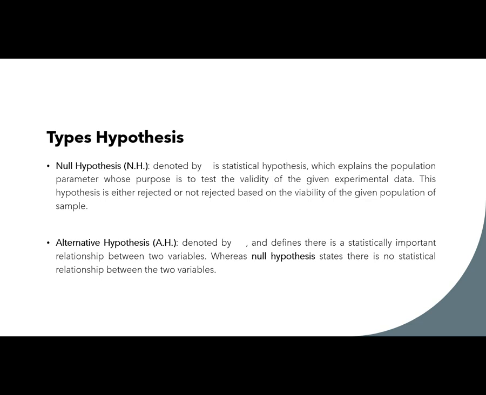Like if we have 2 to 3 data sets of ABC schools on a particular exam, those all marks we can calculate the average, and that's what a null hypothesis is. We are considering each and every school and each and every student's marks, and we are making an average out of it. So it can be considered as a null hypothesis.